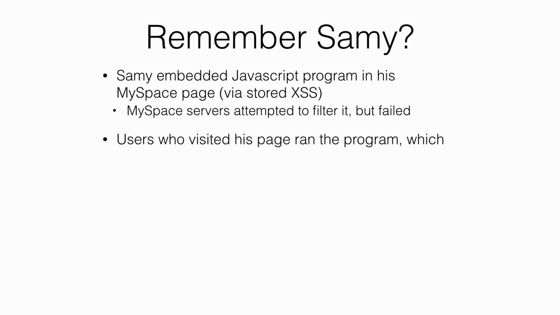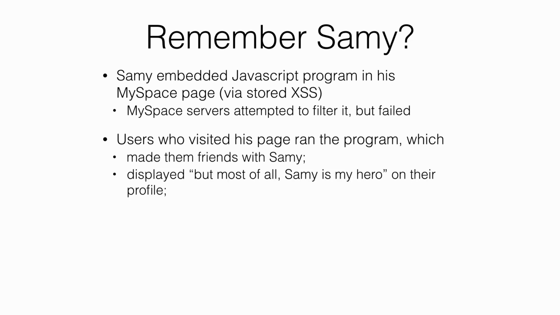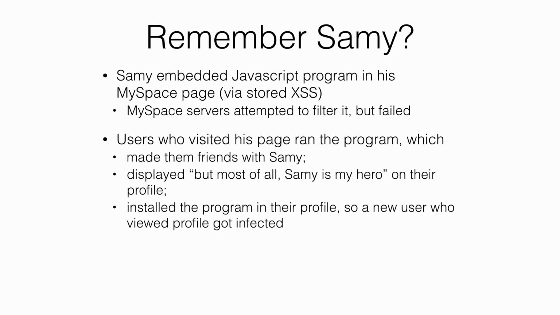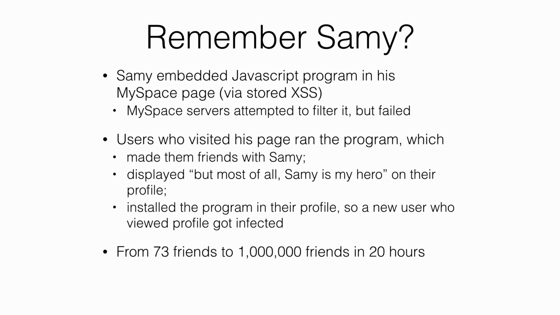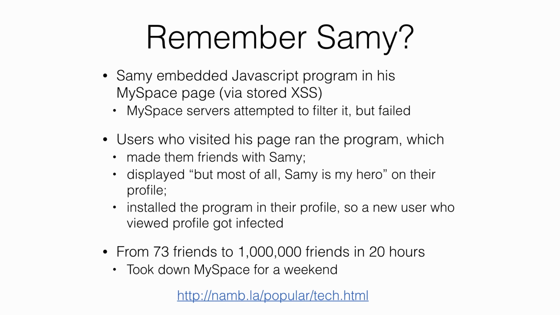As a result, users who visited Sammy's page ran the program, which made them friends with Sammy, displayed, but most of all, Sammy is my hero on their profile, and installed the program in their profile so a new user who viewed the profile got infected. As a result, Sammy went from 73 friends to 1 million friends in 20 hours and took MySpace down for a weekend to boot.